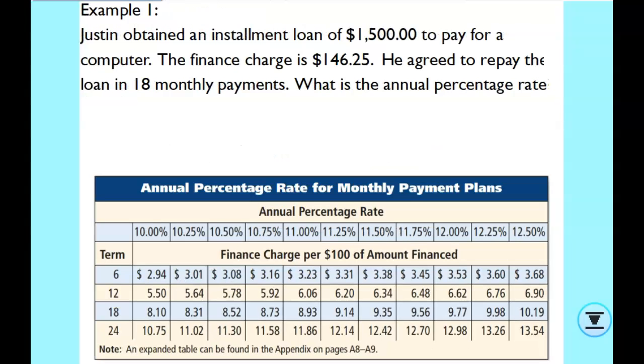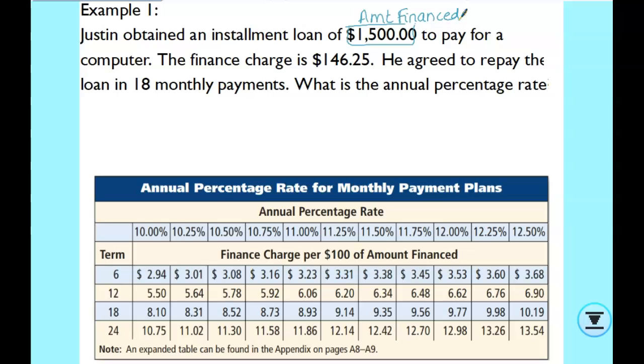So the first thing that we're going to look at, Justin obtained an installment loan of $1,500. Because it says that he obtained an installment loan of $1,500, this is the amount financed. Okay, so he's paying for a computer, which doesn't really matter.